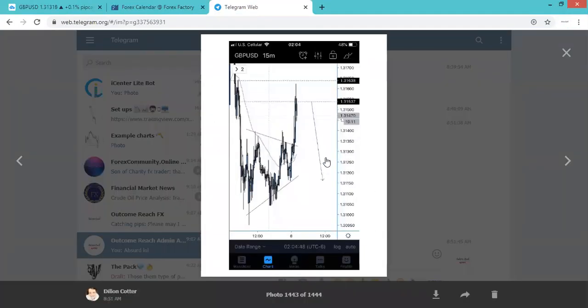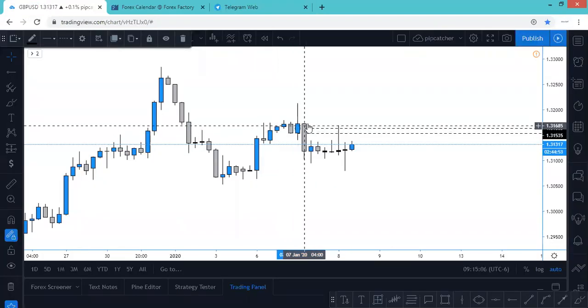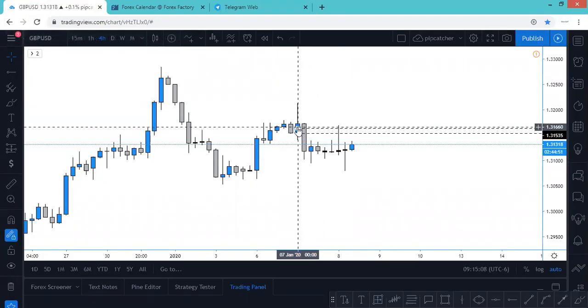This was the before setup on GBPUSD. This bottom line right here was the open, and this top line was 50% of the 4 hour candle.